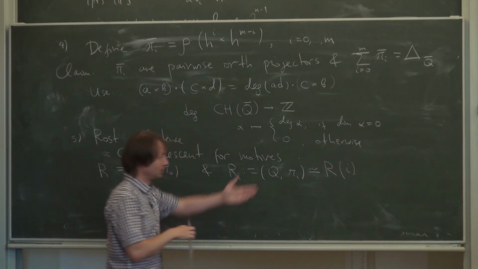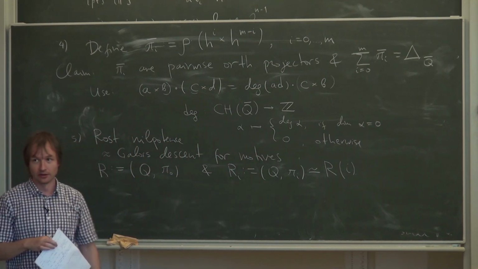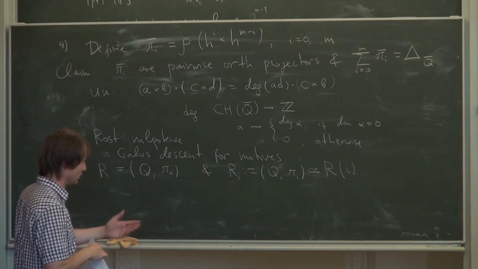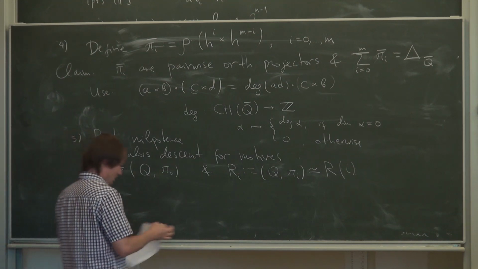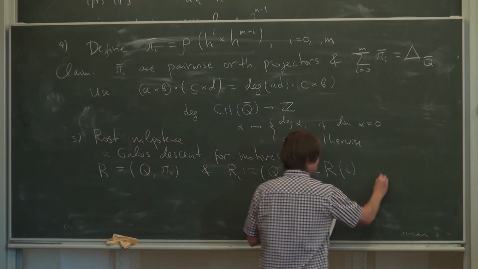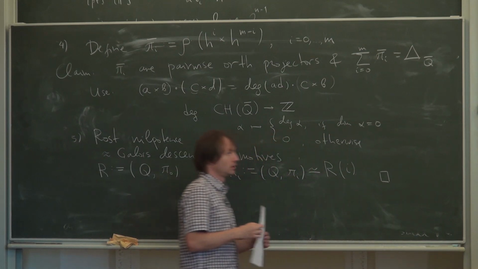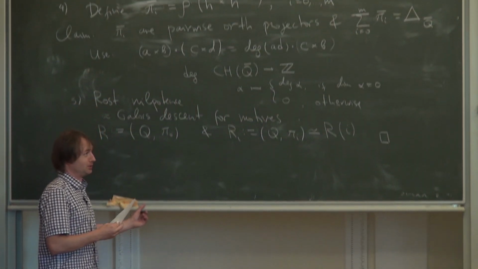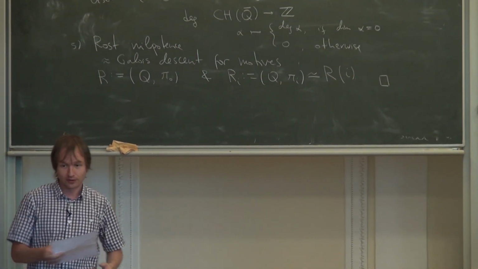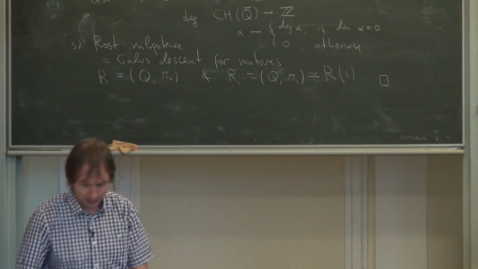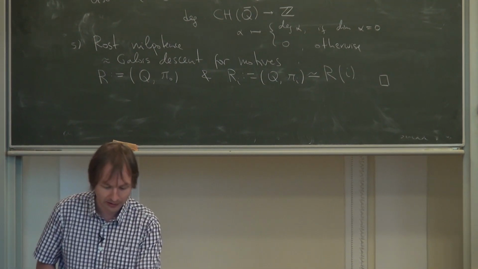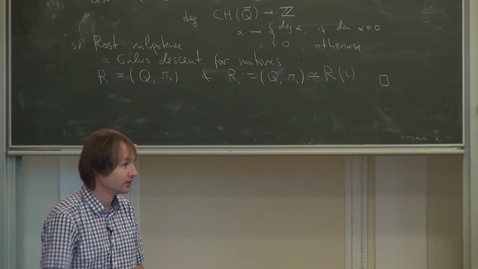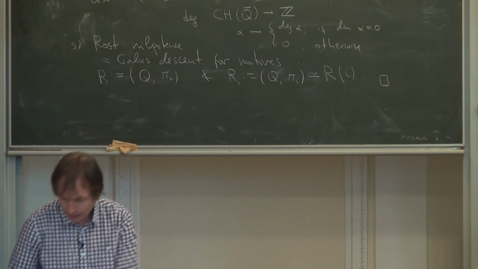And putting it all together, we get exactly the decomposition of Rost. Okay, just a really very short proof at the end of a quite strong statement which plays a very important role in the proof of the Milnor conjectures.